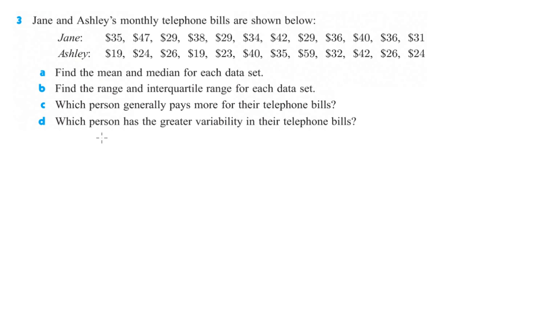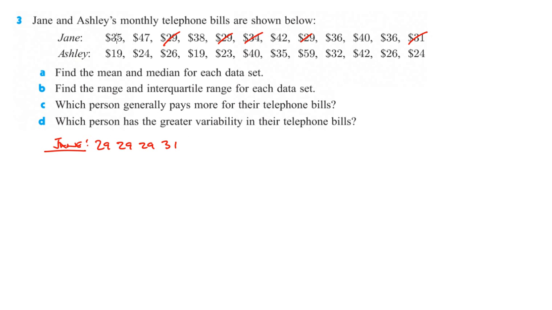So for Jane, we'll do it by hand. So here is Jane. Okay, let's see, 29 looks like it's the lowest, and there are 3 of those. So 29, 29, 29, and then let's see, looks like 31 is the next. And then we just kind of keep hunting for lower ones.